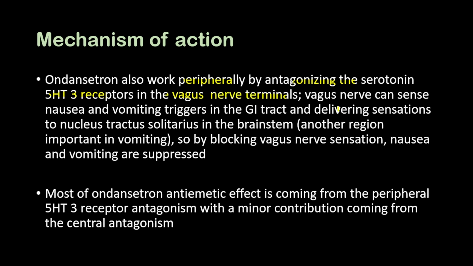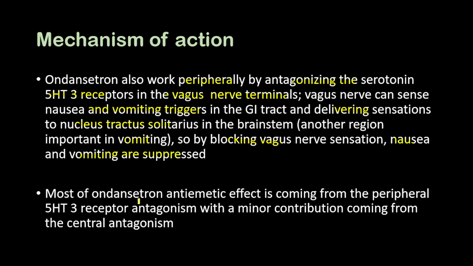And normally, the vagus nerve can sense nausea and vomiting triggers in the gastrointestinal tract and deliver those sensations to the nucleus tractus solitarius in the brainstem, and this is another region important in vomiting. So by blocking the vagus nerve terminals, ondansetron suppresses nausea and vomiting.